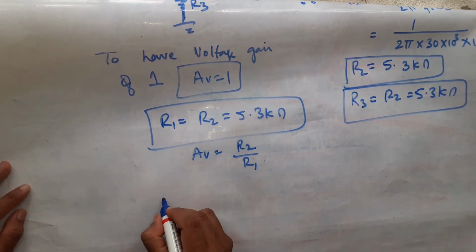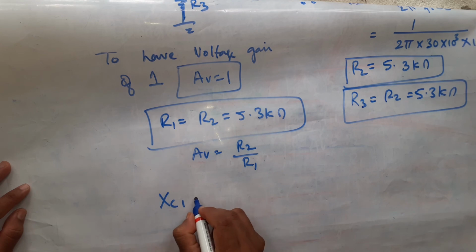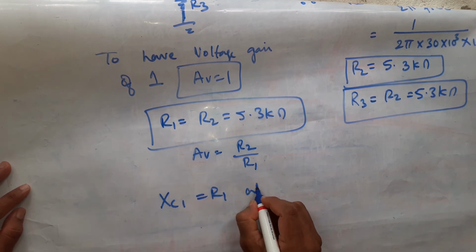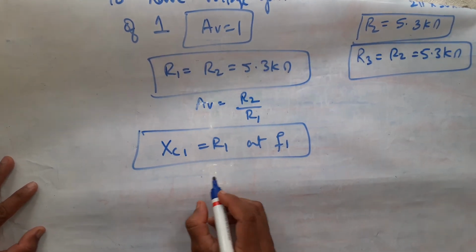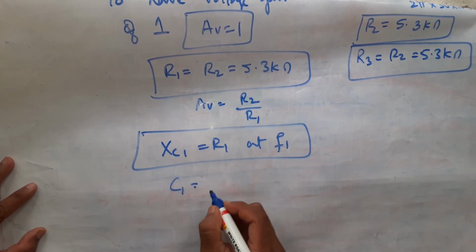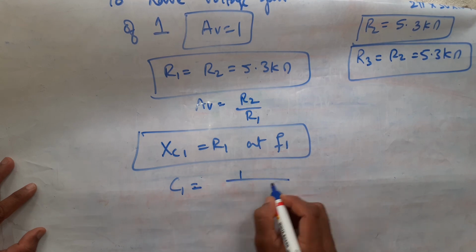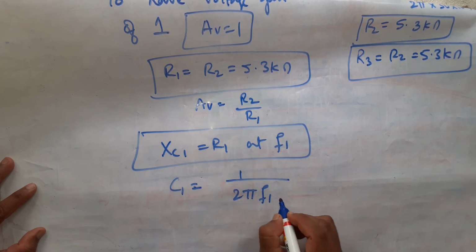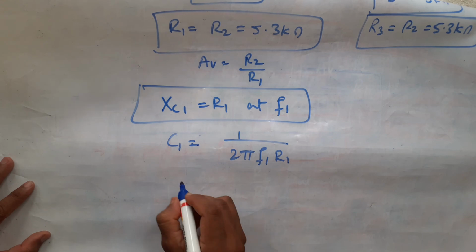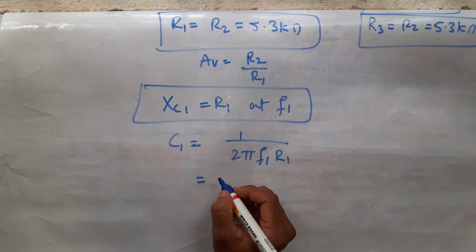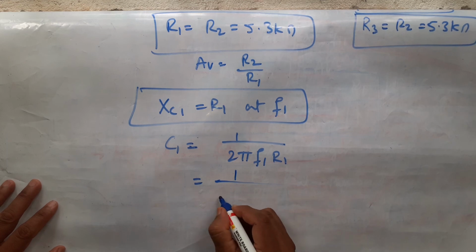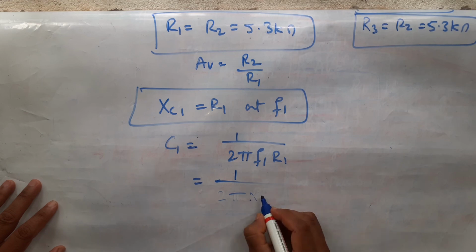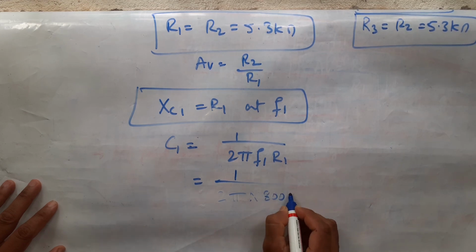Now we have one more condition to find C1. XC1 is equal to R1 at F1, isn't it? This is a very important condition. So with this, since we have R1, we can find C1 value: 1 over 2 pi F1 R1, right? You substitute the value here: 2 pi, what is F1? 300 Hertz.